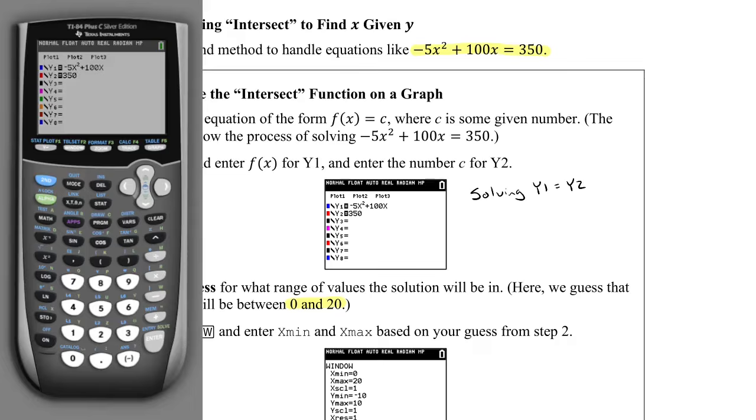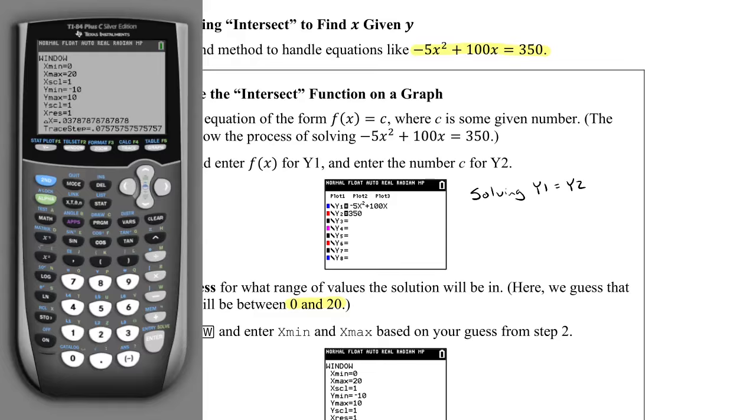And a little bit later, we're going to say, how do we know if our guess was good? So we're going to press the window key, and we're going to enter our guess for x min and x max. We think the solutions are going to be between 0 and 20. So I'm going to say my minimum is 0, my maximum is 20.